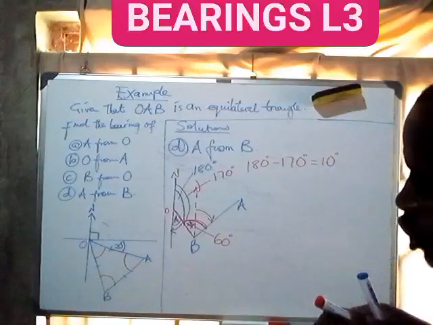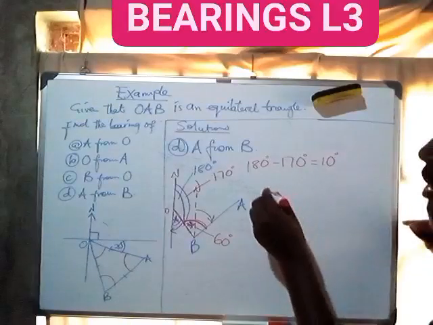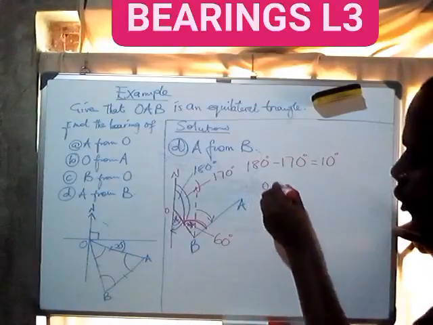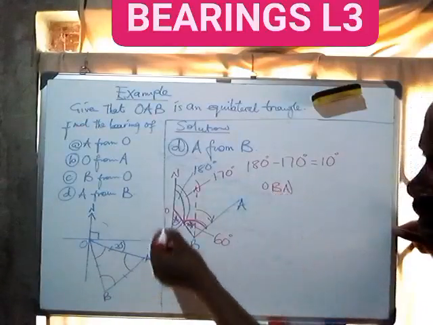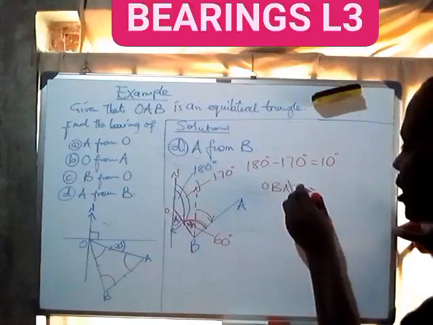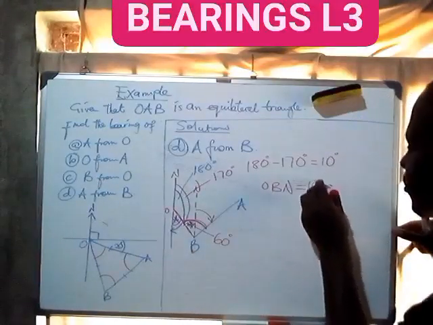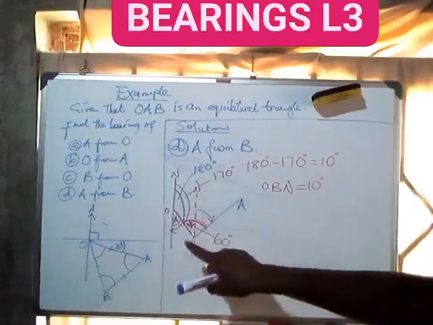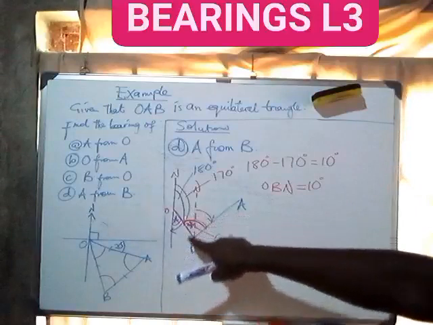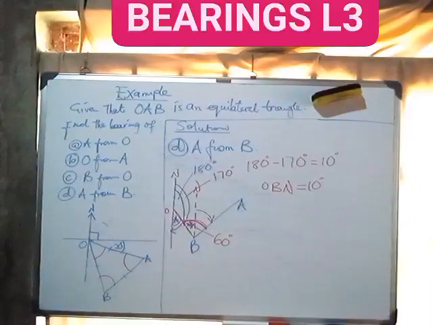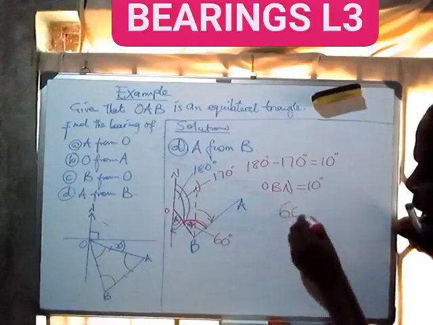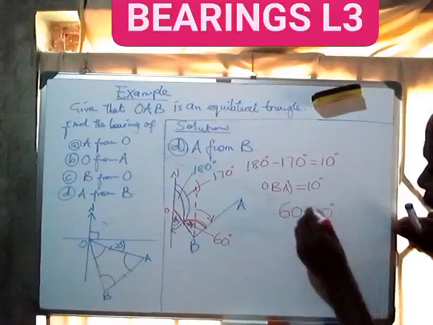So, having known that this is angle 10, angle O, B, N is also 10. Now, if this is 10, the remaining angle which we are looking for, which is the bearing of A from B, will be 60 minus 10 degrees.